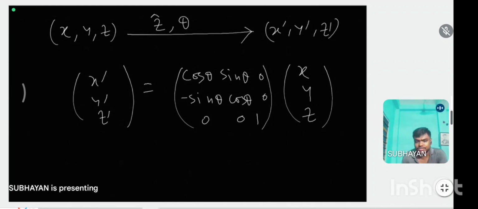So for this specific example, you have such an instance: the transformation of coordinates under rotation about the z axis with an angle theta. You can express this relation in terms of this matrix equation, and this matrix is the transformation matrix.